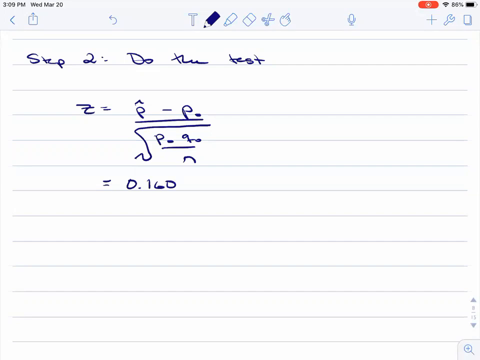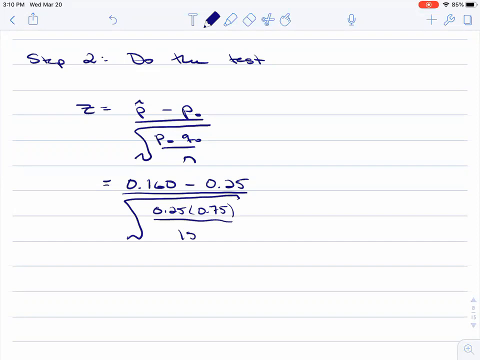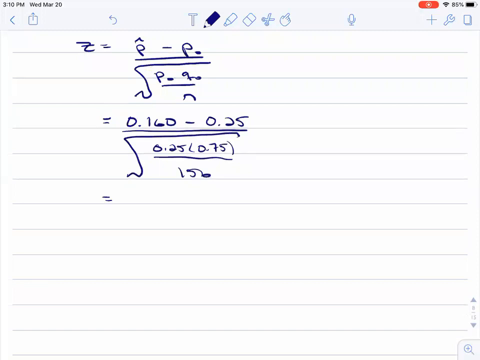That's our sample proportion. Minus P naught, which is 0.25, all over the square root of 0.25 times 0.75 over 156. I'll just write these out piecemeal so that you can check your work.